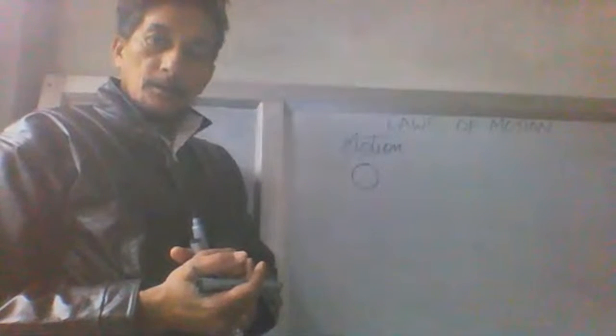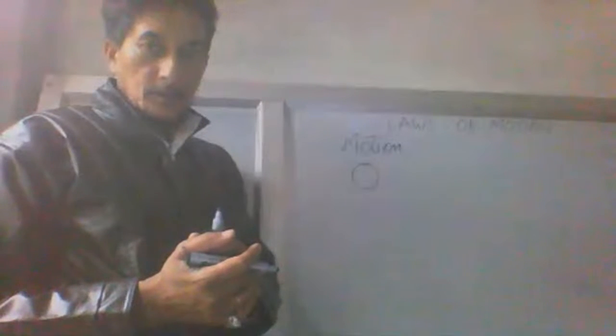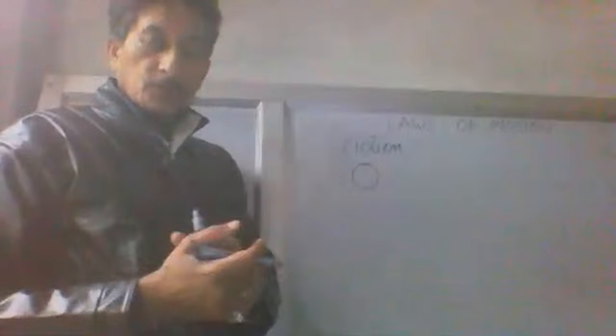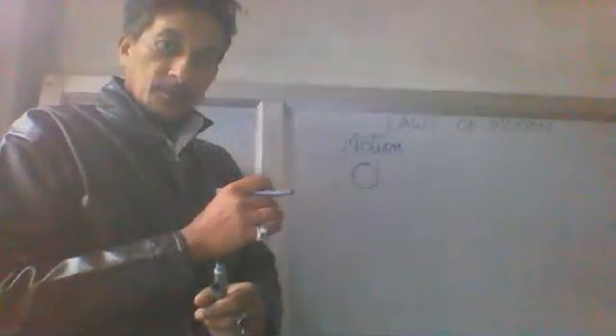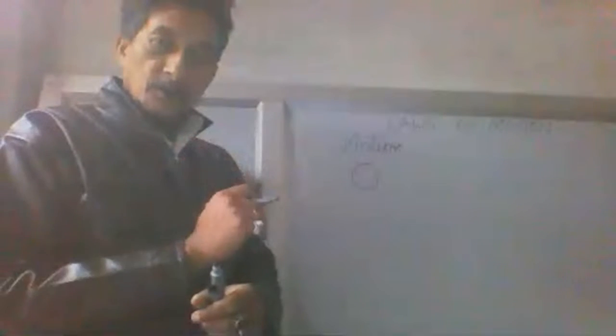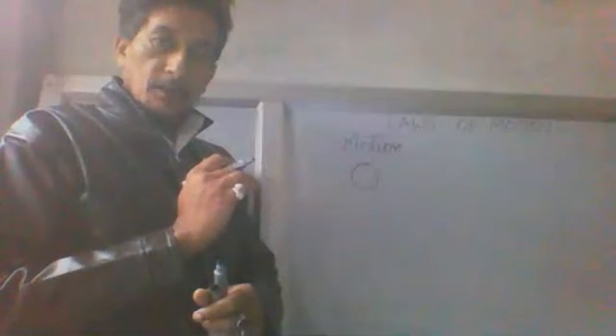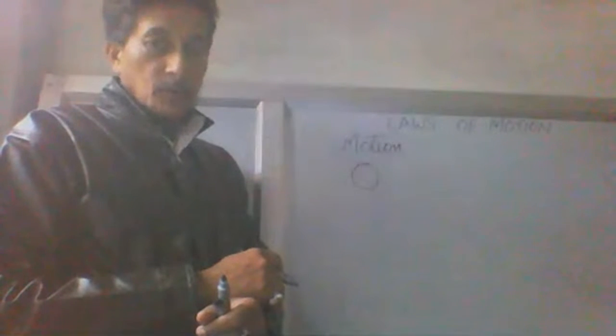In the condition of motion, a body shows us two things. What are those two things? Either it will be at a particular point in a stable form, or it will move from that particular point in a motion form.